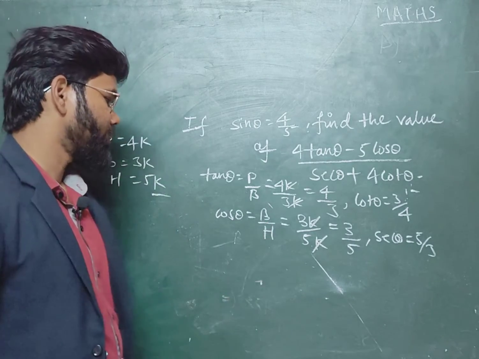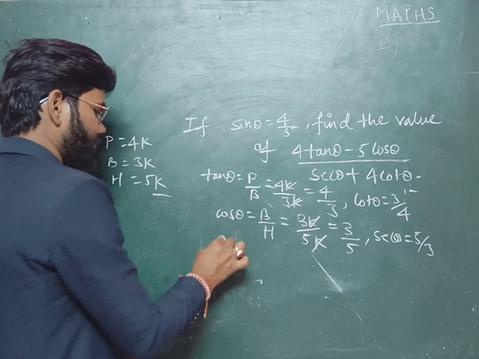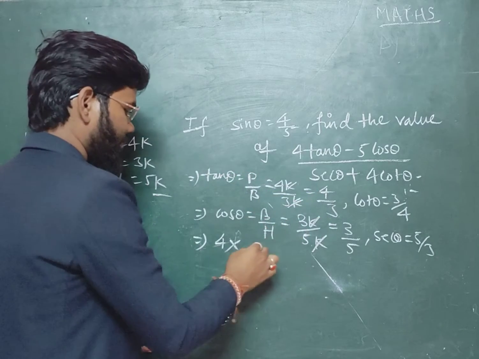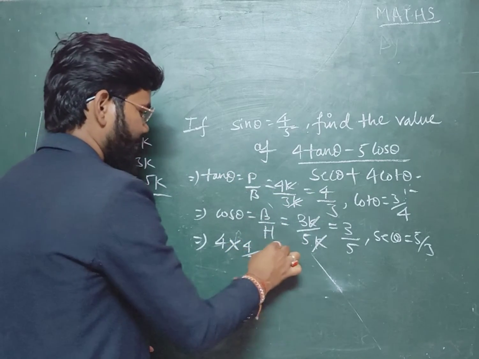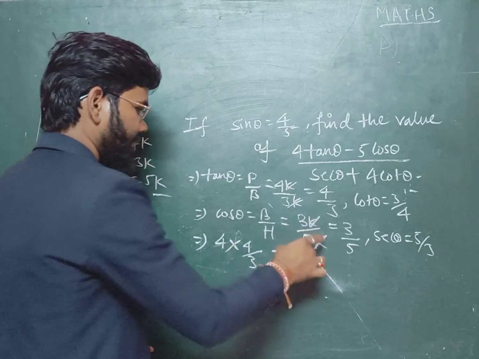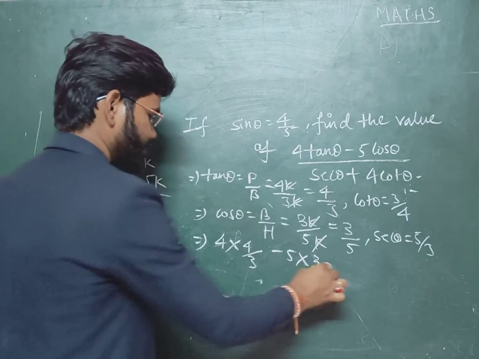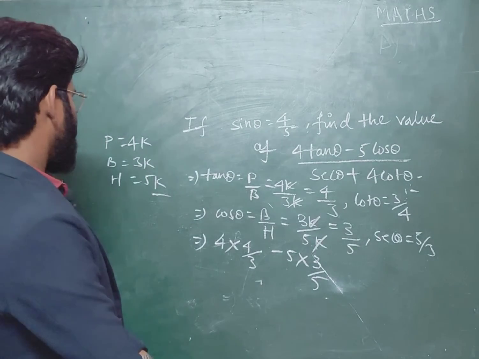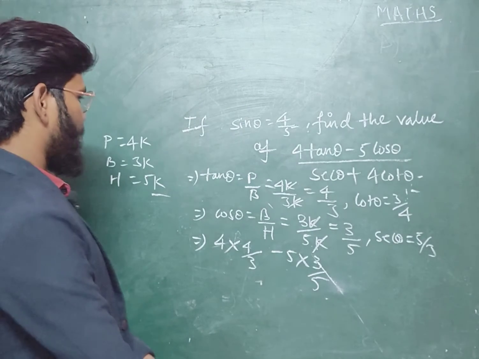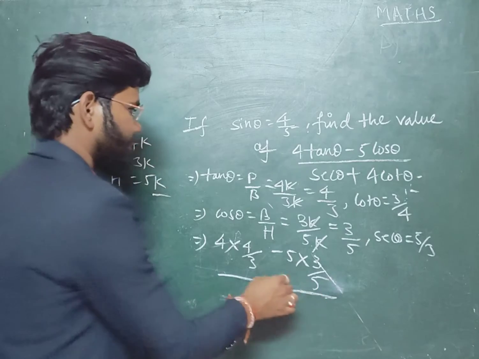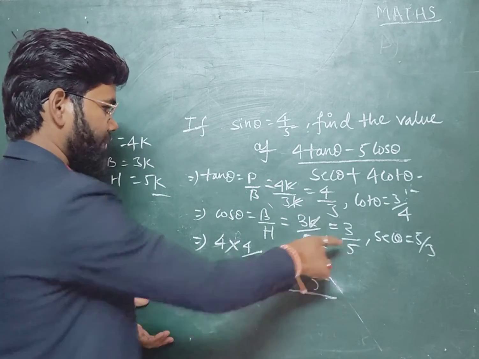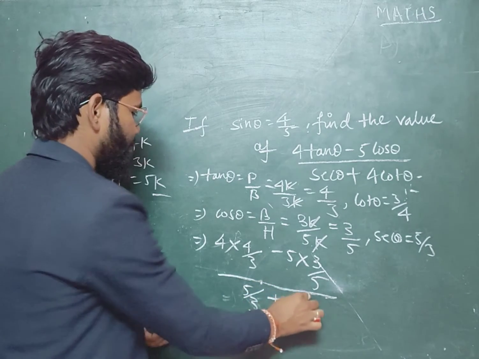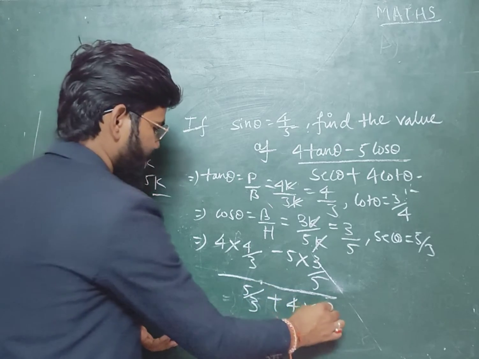So how can you find the value? See here. 4 into tan theta, whose value is 4 by 3, minus 5 into cos theta, whose value is 3 by 5, divided by sec theta, whose value is 5 by 3, plus 4 into cot theta, whose value is 3 by 4.